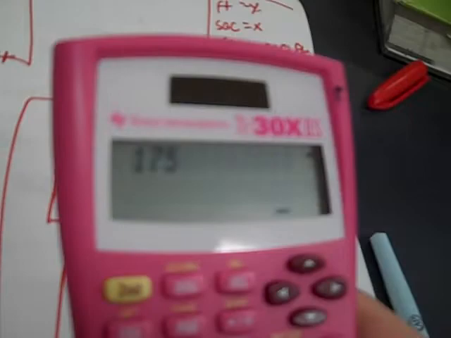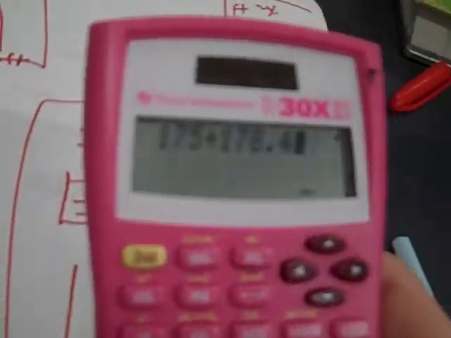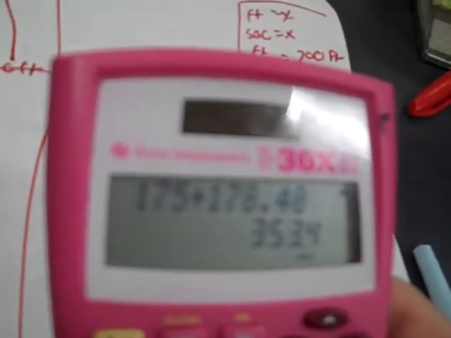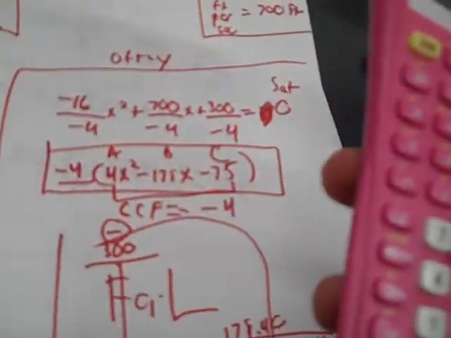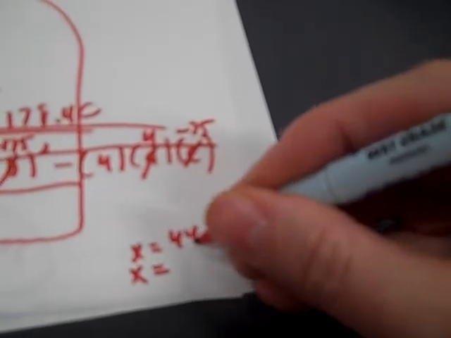I have 175 in the front, then I add 178.40, hit equals, and then divide by 8. You really have to hit equals after you do the plus operation. You can't do both operations at the same time. It'll do them out of order. 44.18. That's a decent answer.